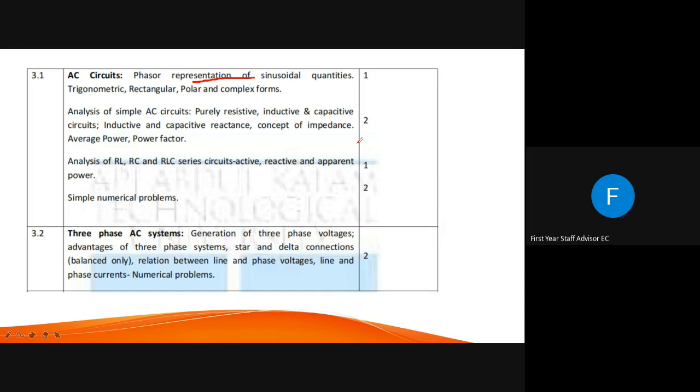Everything we have learned at the end of the second module, and it is just the continuation of the second module. We are going to learn about AC, alternating current, in detail.